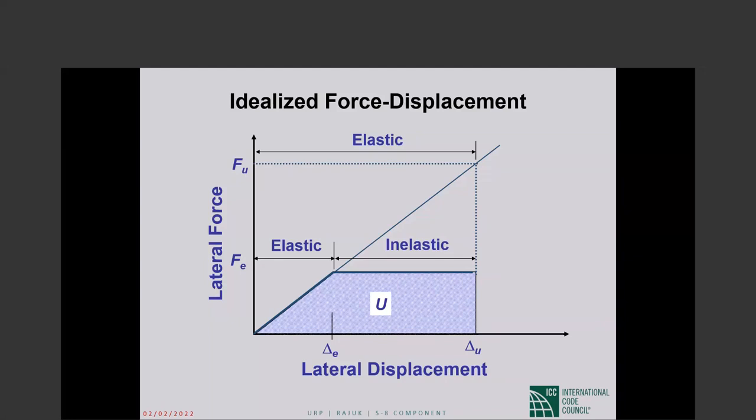Okay. So what we are looking at is the load displacement relationship of a particular structure subjected to a particular earthquake. One structure in one earthquake.